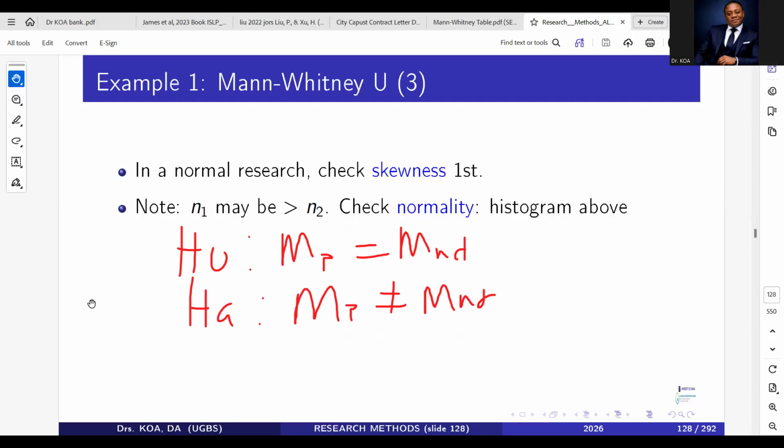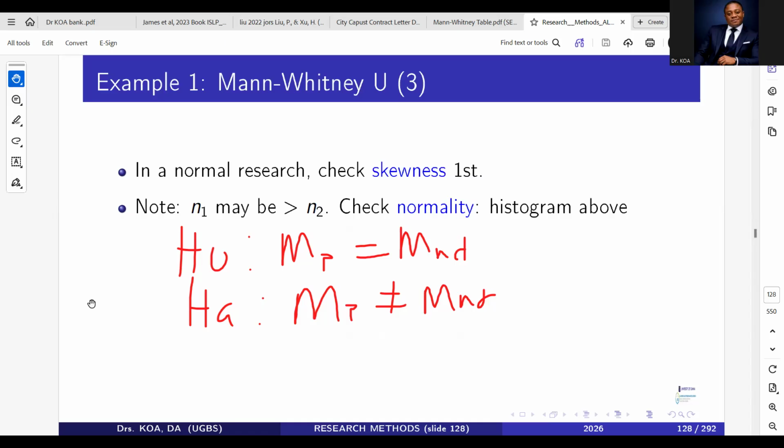Of course, you have to understand what you've just formulated and say it in English, not using equal to and all of that. So the first one is saying that there is no difference in the number of episodes of shortness of breath. And then the other one is saying that, come on, there's a difference.